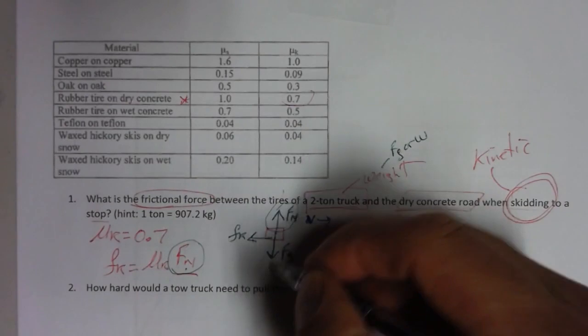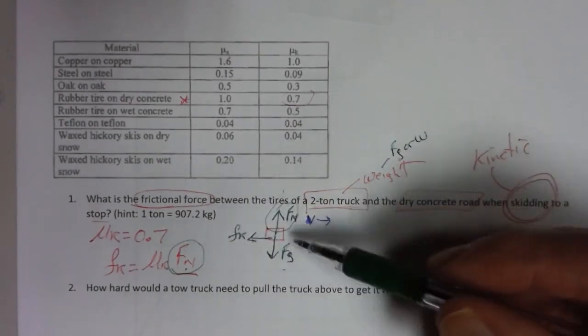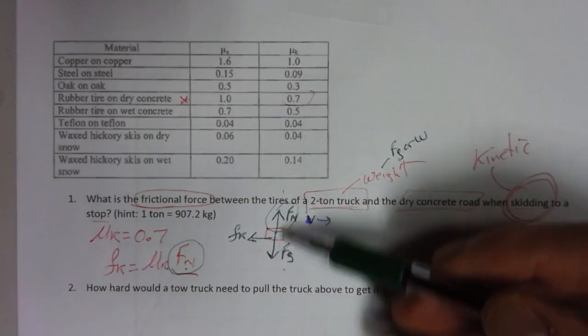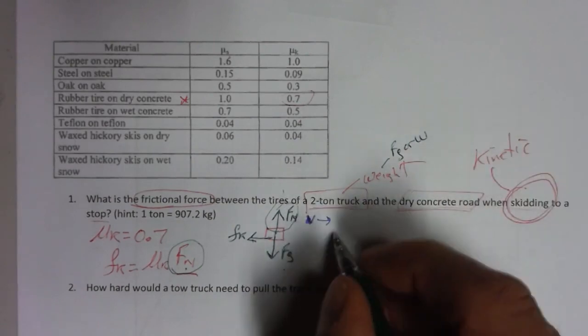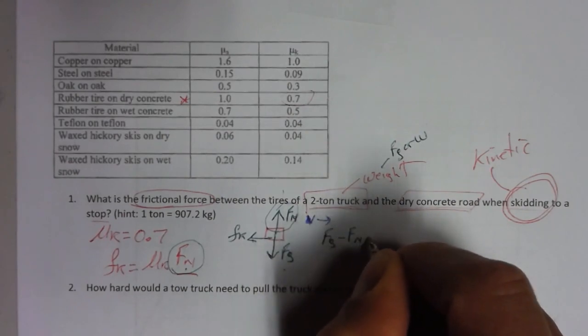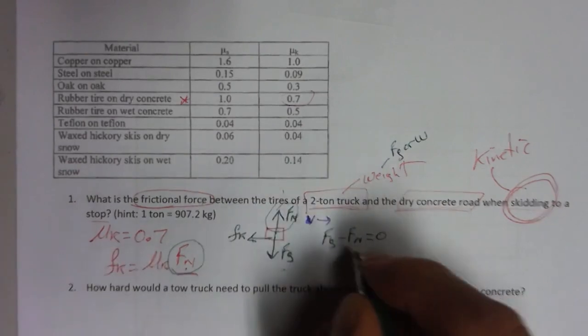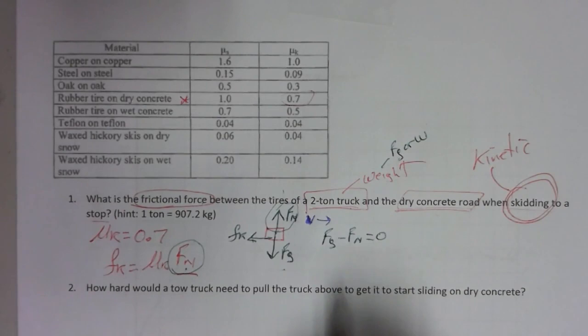Now, vertically, the forces are balanced. There is no change in motion vertically. So I know that Fg minus Fn has to equal 0. I took down as positive, up as negative, because my forces vertically have to add to 0.